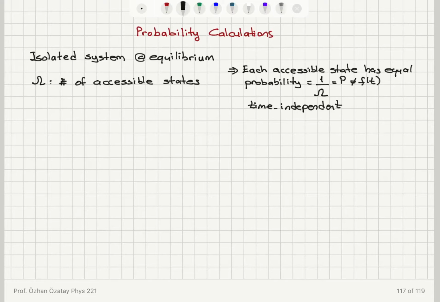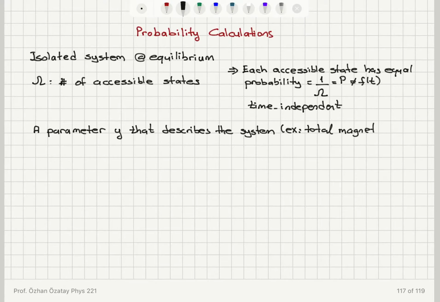So now I'm interested in a parameter y that describes the system. This could be, for example, the total magnetic moment capital M. It could be the pressure P, etc. So there are several examples we can consider.